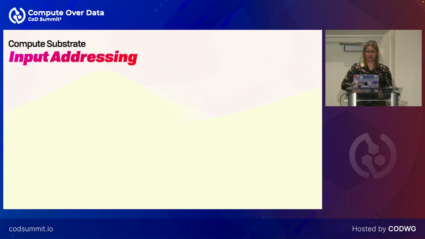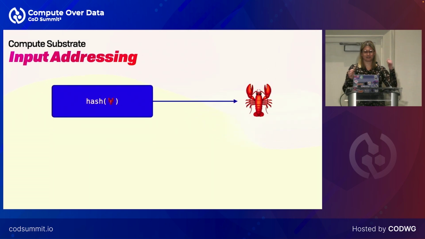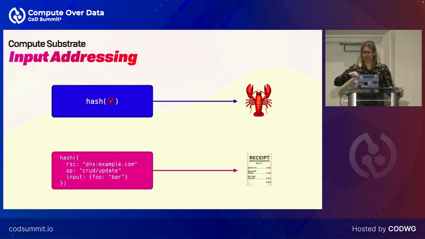Instead of content addressing, this is input addressing. So content addressing, we have some data, and you hash it and use that as the key value. So the hash is the key, and then the value is the value. Input addressing, you get a receipt as the value in this pair. But the input is the hash of the, we call it an instruction in IPVM, but the description of what you want to have run.